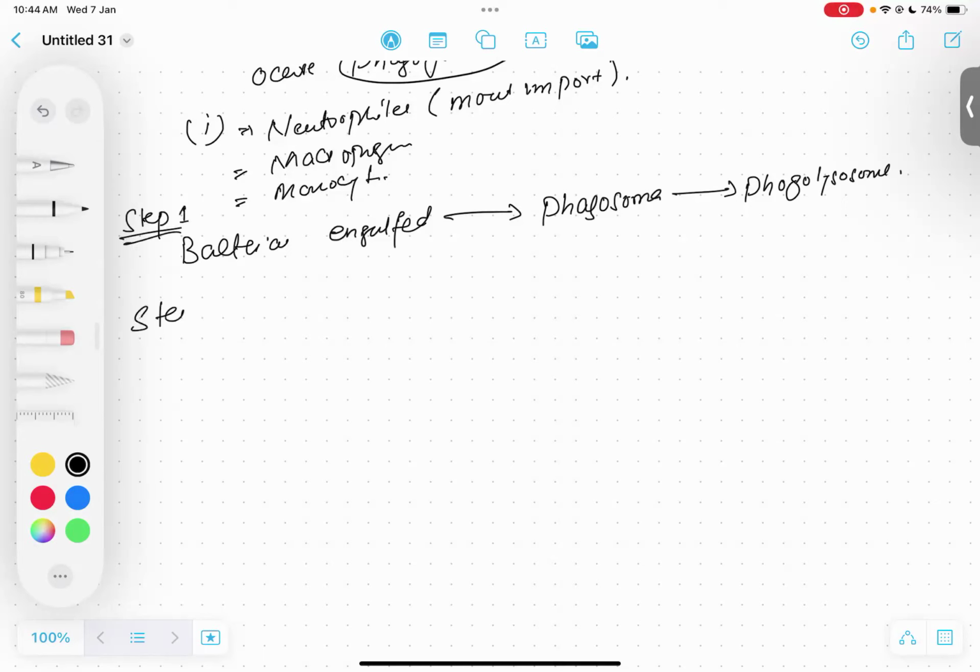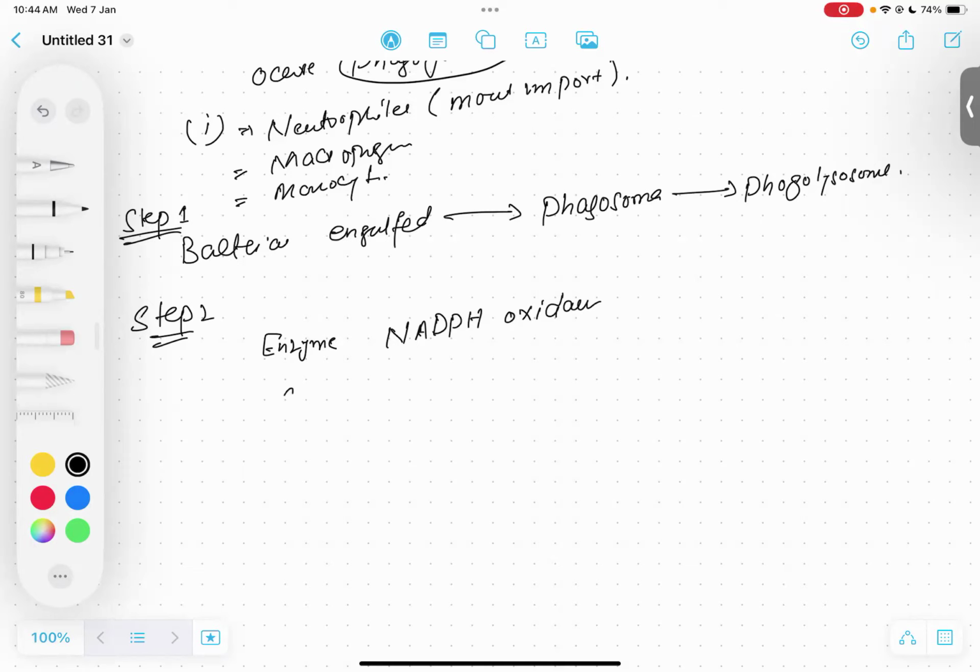Coming to step 2. In step 2, an enzyme comes called NADPH oxidase. That is a key enzyme, and it is located in the phagolysosome membrane. How does it react?